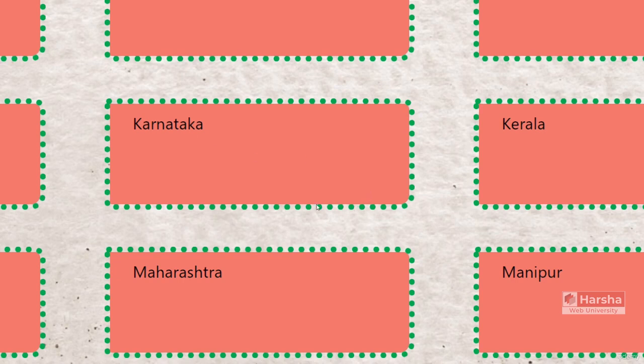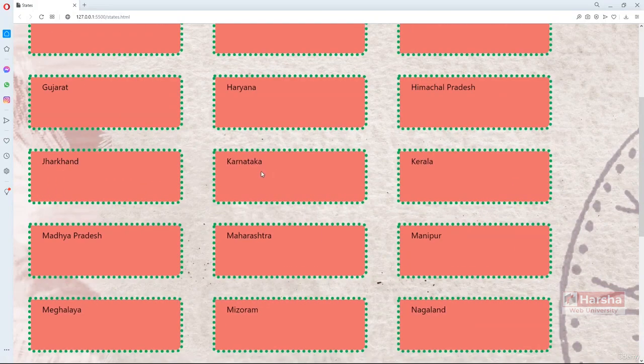See, the border has not changed from the previous. Only the background color is not covering the backside of the border. The background color covers only up to the padding. So this is the content box and this is the padding box. The background color covers up to the same, but it's not inclusive of the border box.